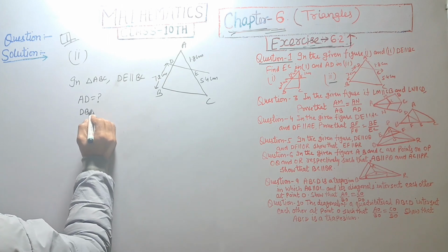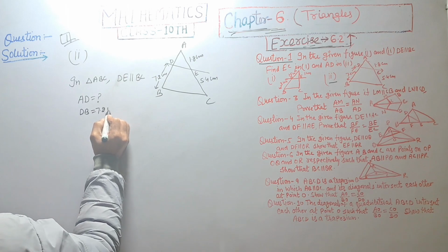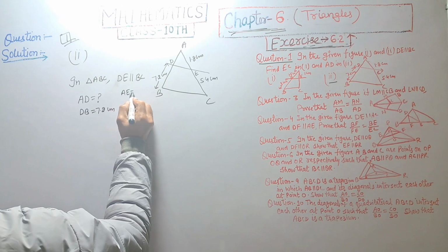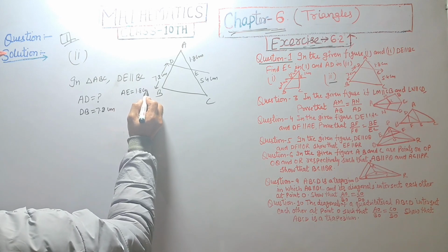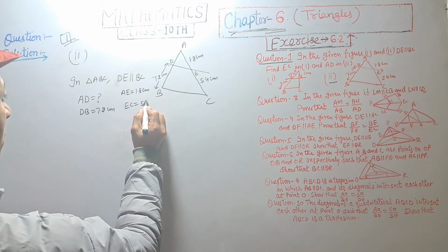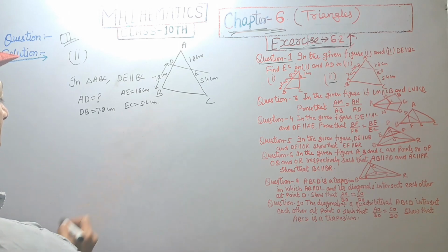DB is equal to 7.2 centimeter, AE is equal to 1.8 centimeter, EC is equal to 5.4 centimeter.